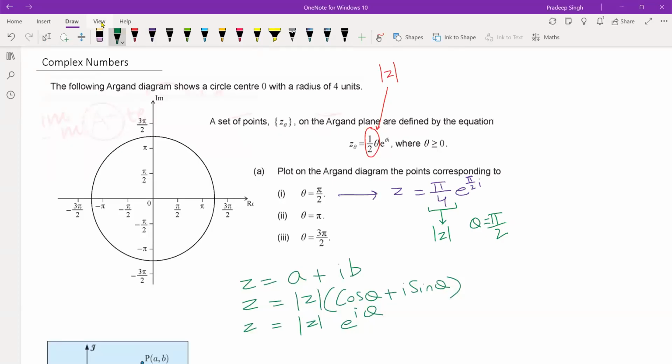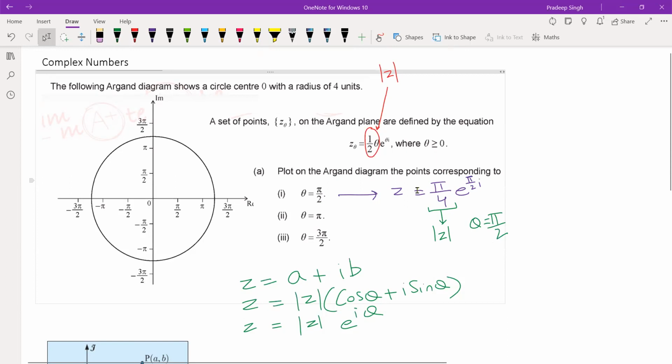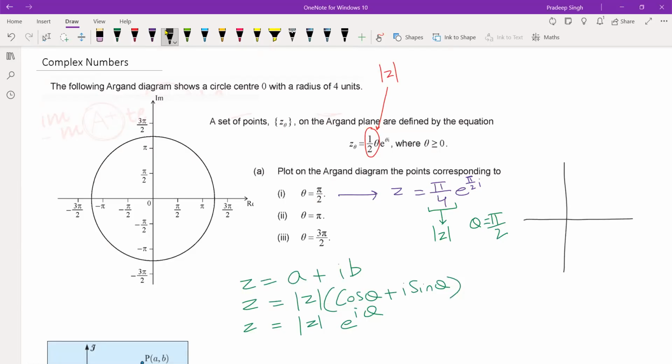So now what you need to do is draw a line of length pi by 4, at an angle of pi by 2 from the positive real axis. Before I draw here, let me make a rough diagram on the right hand side. We have to draw a line segment of length pi by 4 at an angle of pi by 2 with the positive real axis.